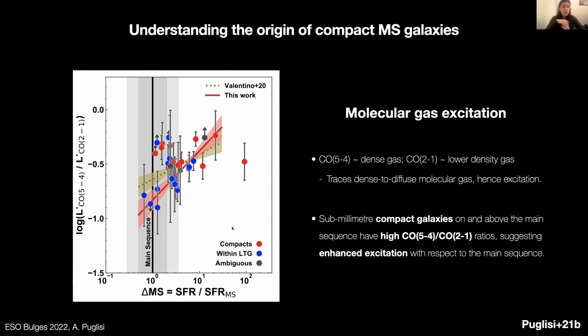Therefore, the CO5 to CO2 ratio traces the relative amount of dense to diffuse molecular gas in galaxies, and hence allows us to measure the excitation conditions in our sample. So this plot shows us that sub-millimetre compact galaxies on and above the main sequence have enhanced CO5 to CO2 ratios, suggesting a larger excitation with respect to the main sequence population.